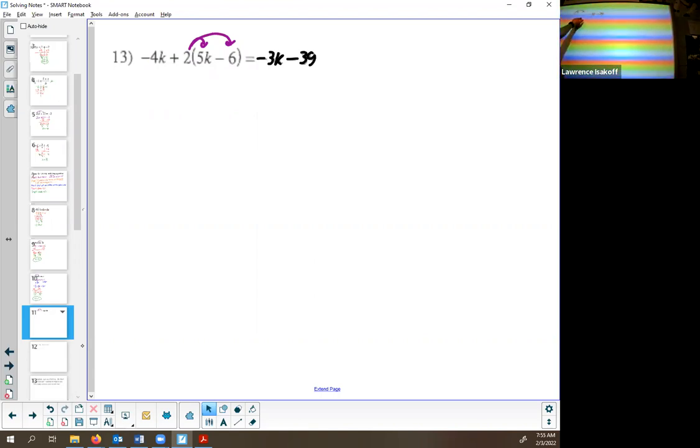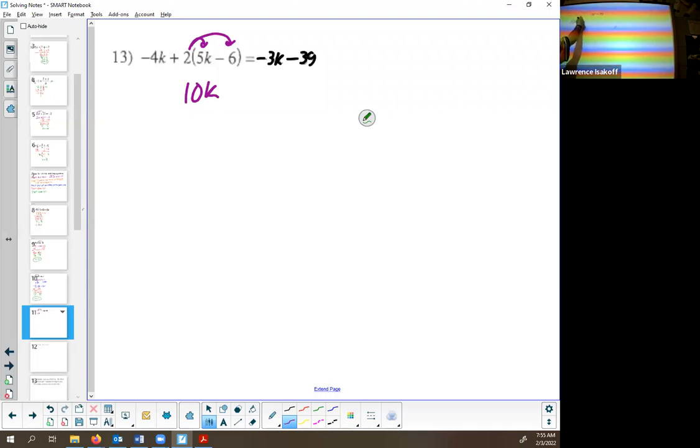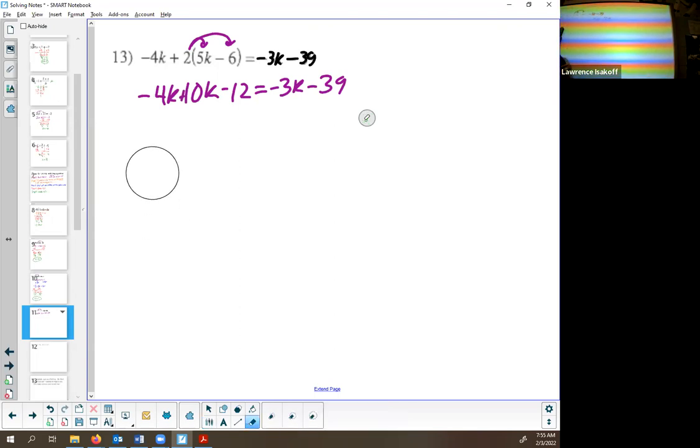Right away, I see distribution here, right? So let's go ahead and do that. So that's going to give me 2 times 5, 2 times 5 is 10k. 2 times -6 is -12. Then everything else is just going to drop down as well. Yes, minus 39 at the end.